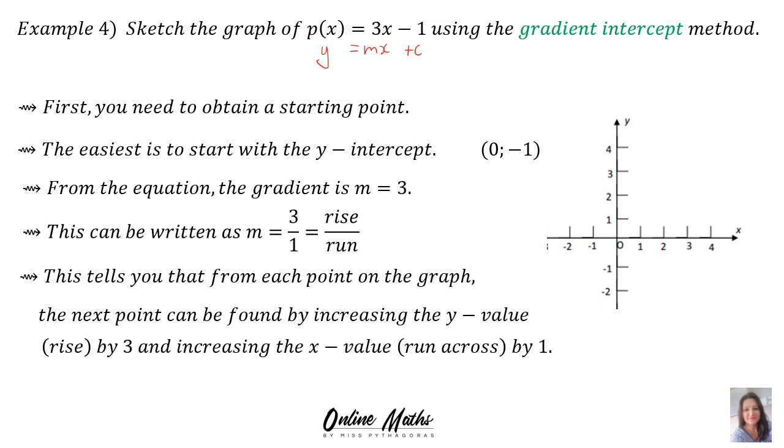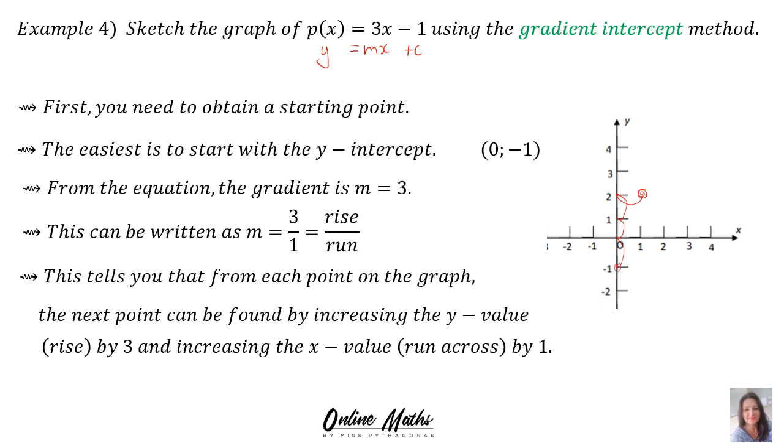So our starting point, the y-intercept, is (0, -1). And then we will rise by 3, 1, 2, 3, and we will run by 1. That means we go across 1. So there's our other point.